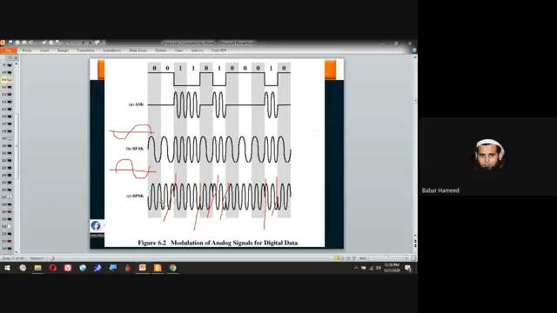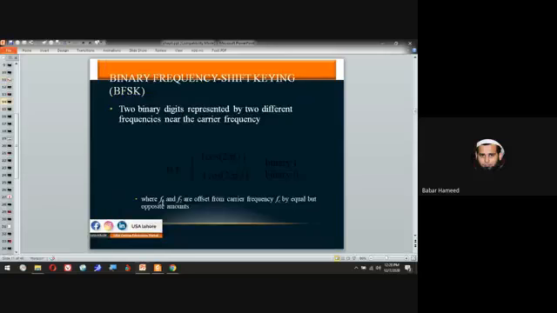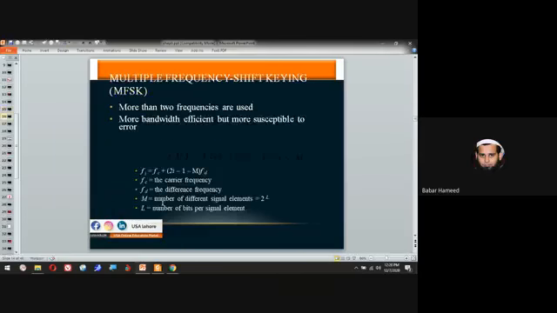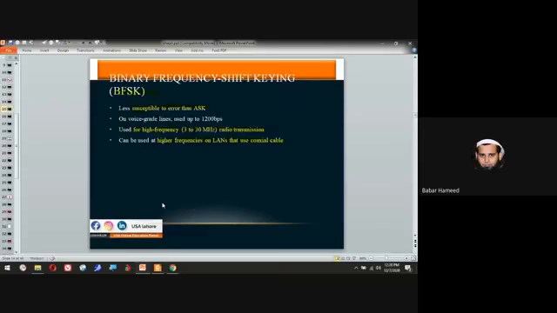So we here see BFSK. One thing that is also being used is differential PSK and 4 level PSK as well.